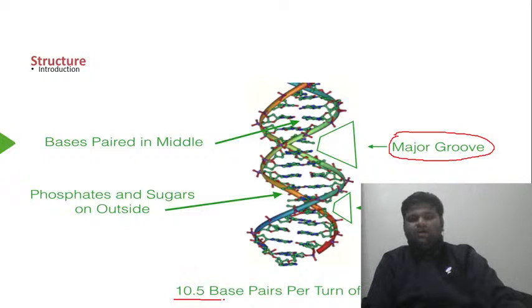And there are 10.5 bases per turn of the helix, and these are the bases which are paired in the middle.